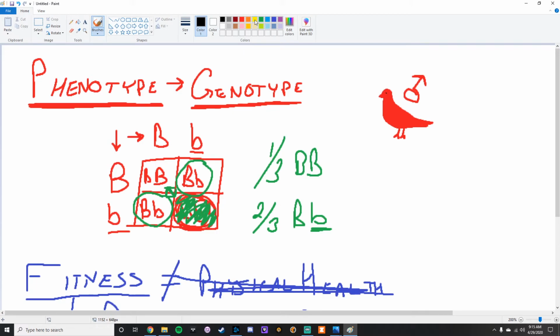So if this little cardinal over here is trying to attract a mate, remember that he's going to stand out more to predators because of his red coat. So that is going to be a detriment to him in one area.